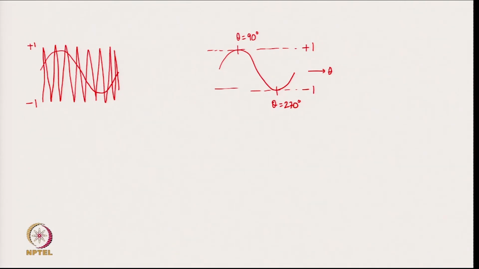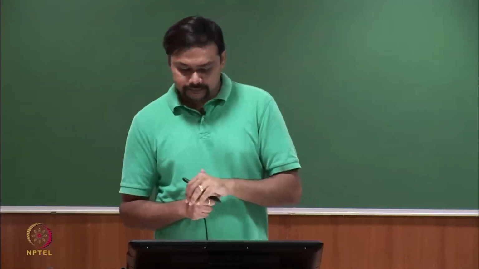Now, if you analyze this carefully, you will see that as the amplitude of the sine wave increases and becomes equal to 1, the sine wave touches the ceiling +1 and -1 heights only at theta equal to 90 degrees and theta equal to 270 degrees.